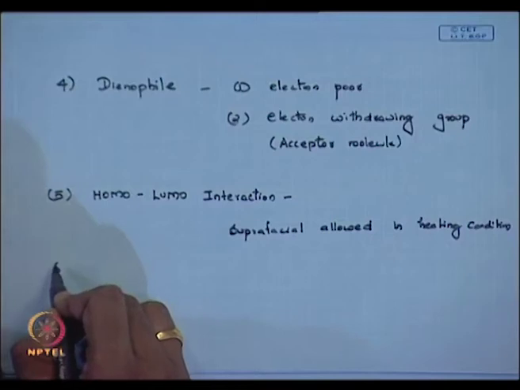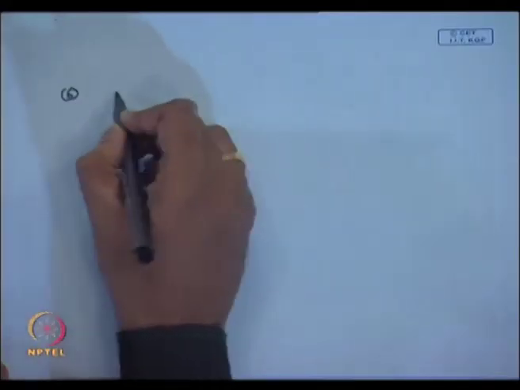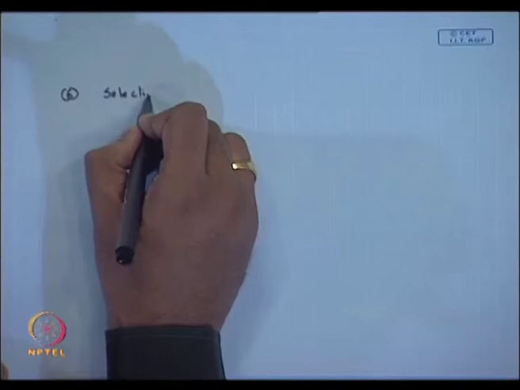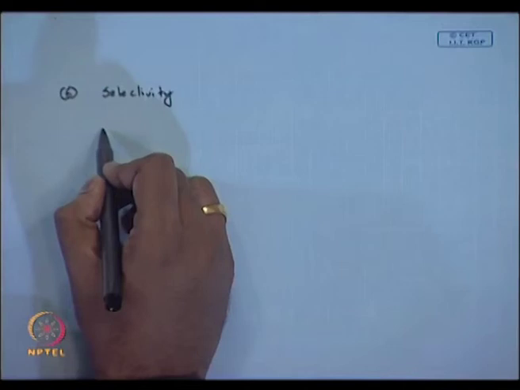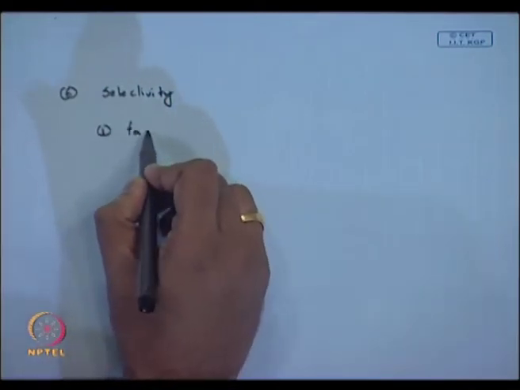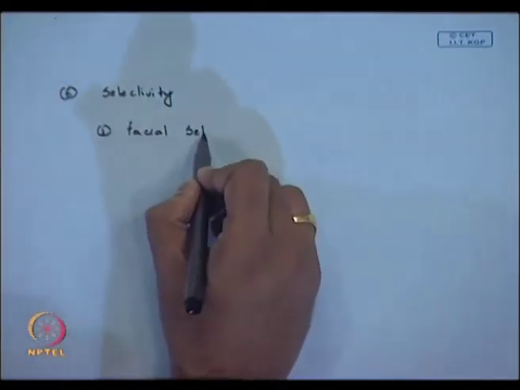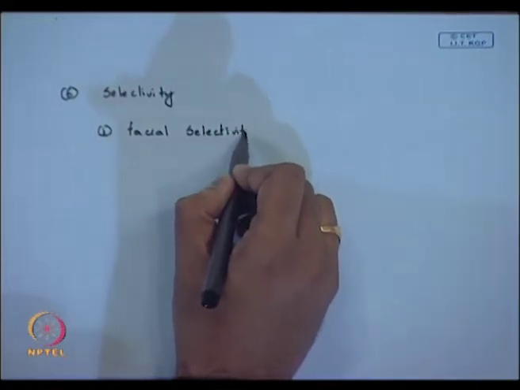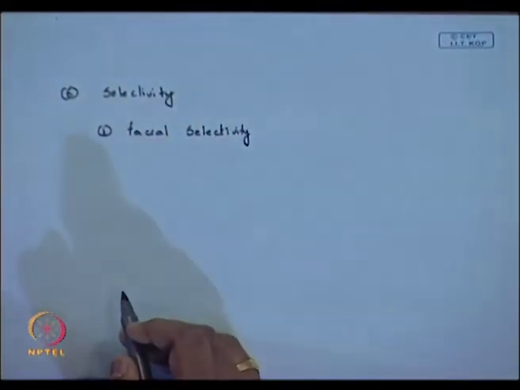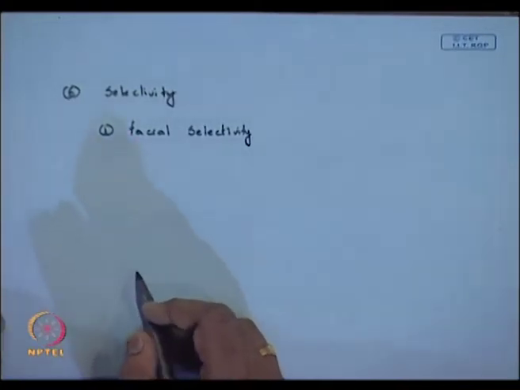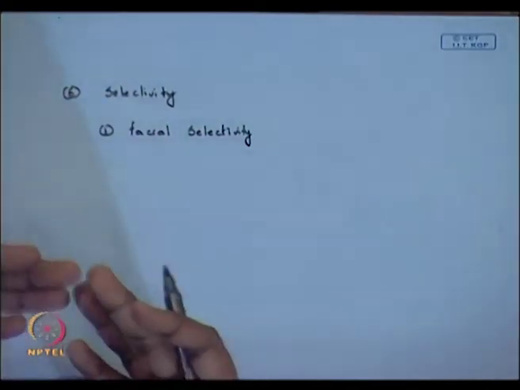Then we went down to the important part, that is about your selectivity, right. We studied about your facial selectivity. The facial selectivity is more like very specific reactions. There we said that we can see the front approach as well as the side approach in the reactions.